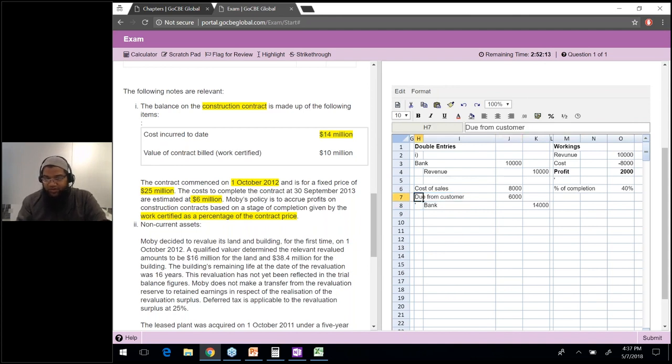The difference we treat as a due from customer in the current assets. So this is how we prepare the double entries in case of IFRS 15 construction contracts.